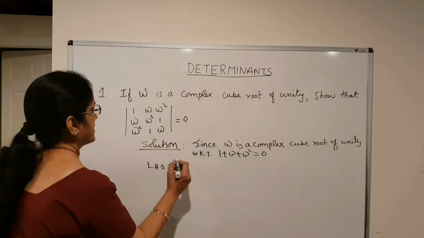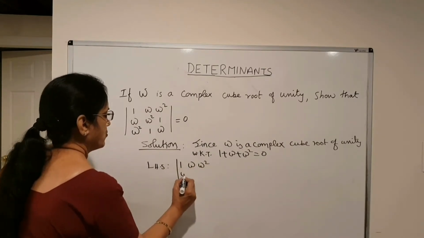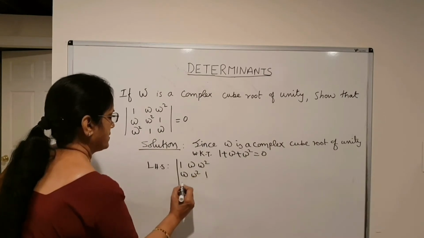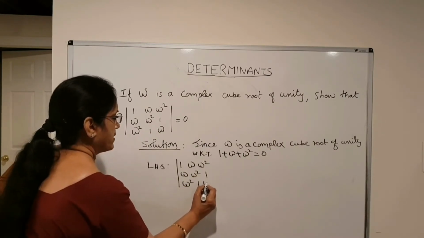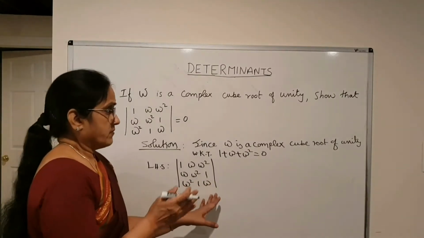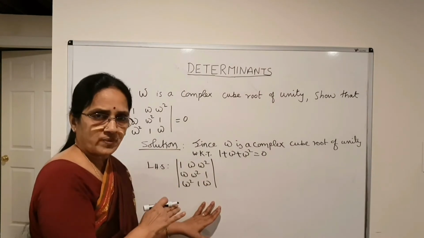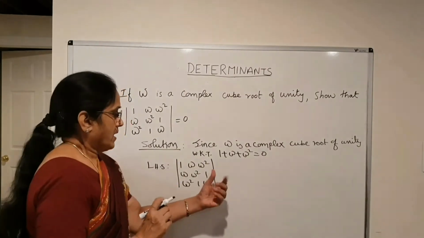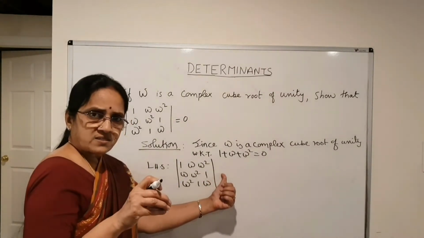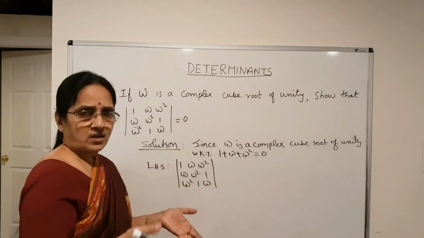LHS is determinant 1 omega omega square, 1 omega square 1 omega. Now since we need to use the properties of the determinant and evaluate, we can make the operations either on one of the rows or columns.